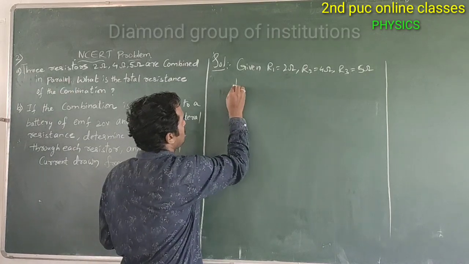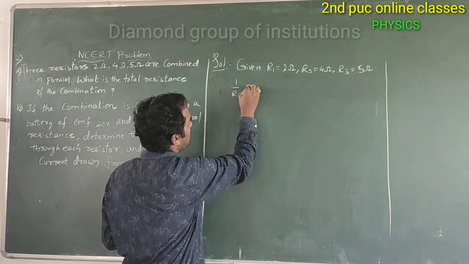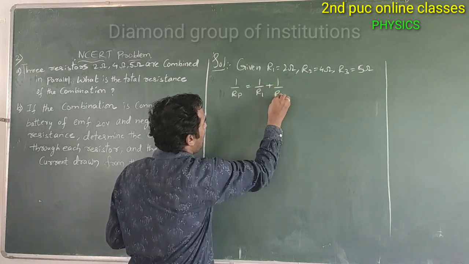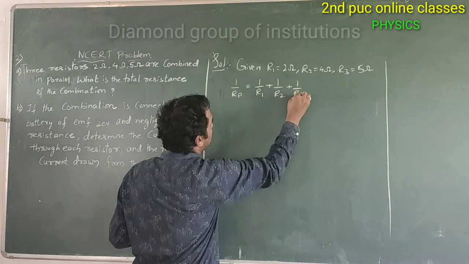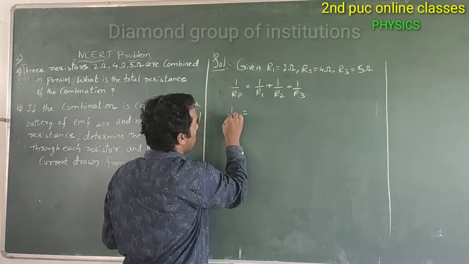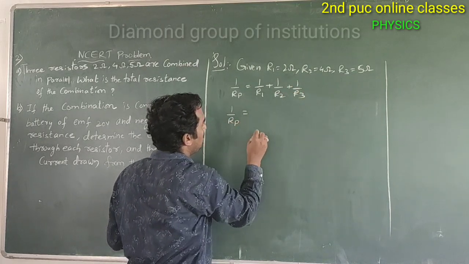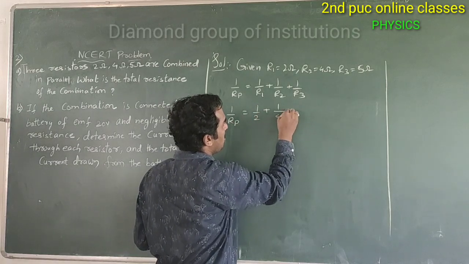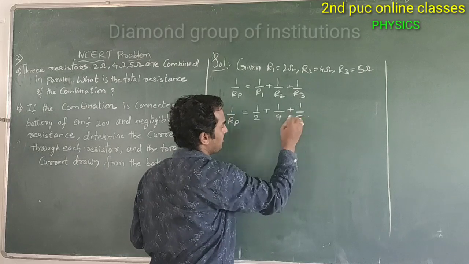Parallel. So we can write the formula 1 by RP equal to 1 by R1 plus 1 by R2 plus 1 by R3. So 1 by RP equal to 1 by 2 plus 1 by 4 plus 1 by 5.